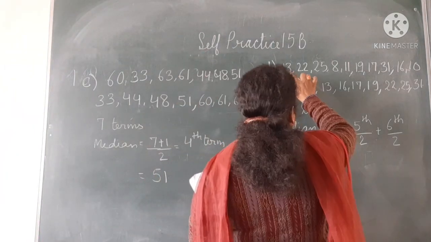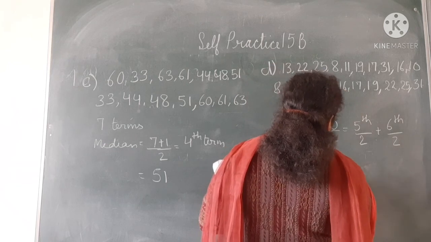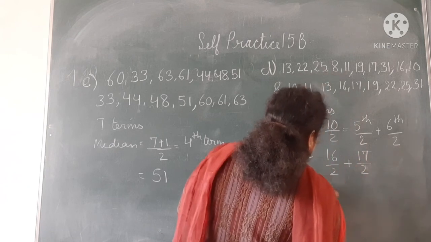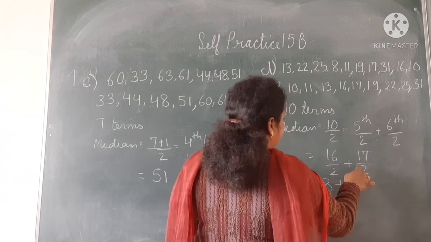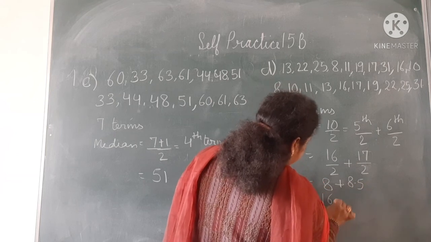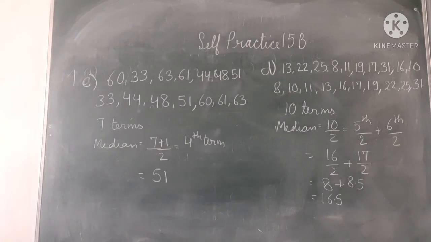The 5th term is 16 and the 6th is 17, so 16 by 2 plus 17 by 2 is 8 plus 8.5, that is 16.5. The median is 16.5.